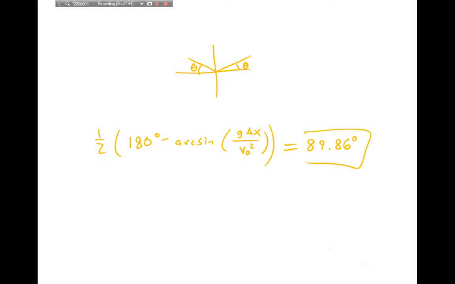So the other place this is going to work is at 1/2 times 180 degrees minus arc sine of g delta x over v naught squared, because this is the other angle. It's at 180 degrees minus that arc sine. If I plug this into a calculator, I'll see that this one is equal to 89.86 degrees. So that's where the other angle comes from. It's a little bit tricky.